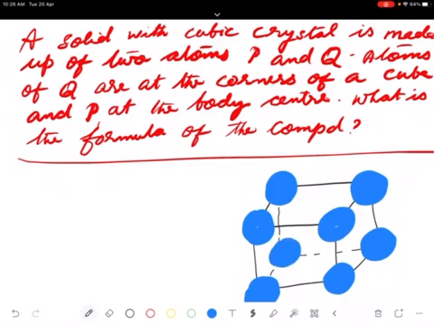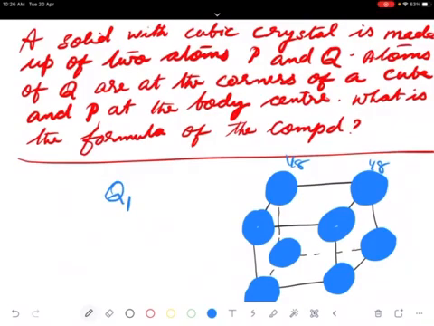So from each corner it will be 1 by 8, like that from each blue one 1 by 8. So the number of atoms of Q, that is 1 by 8 into 8, 1.